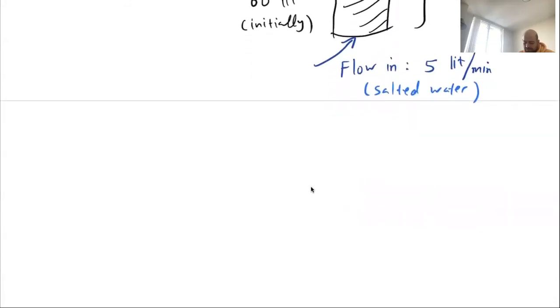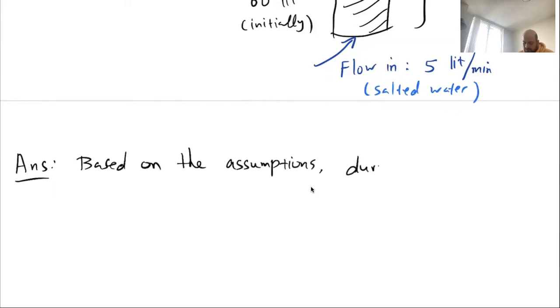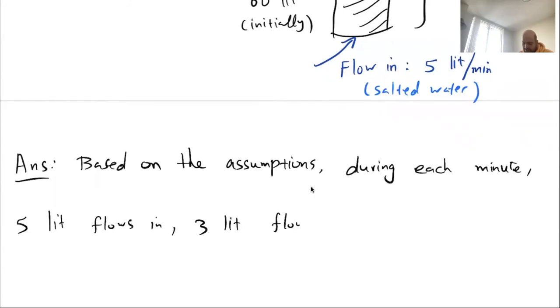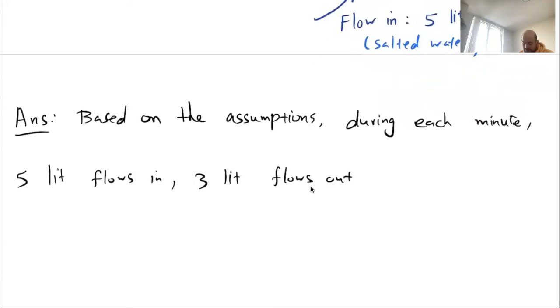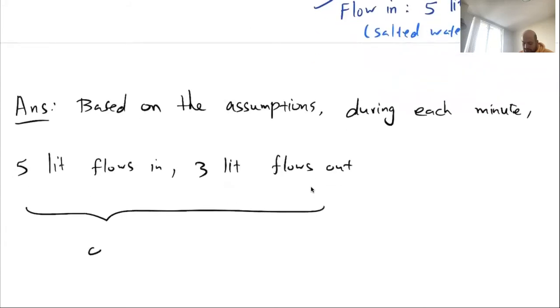So here is the answer. Based on the assumptions, during each minute, five liter flows in, 3 liter flows out. So overall, 2 liter flows in.